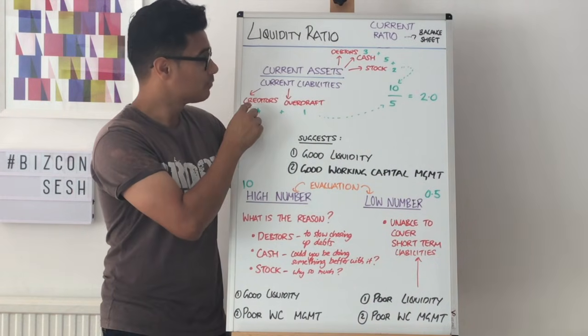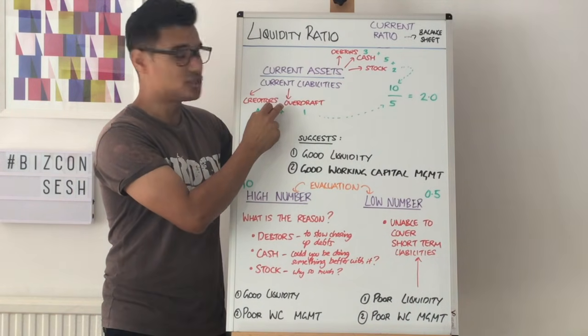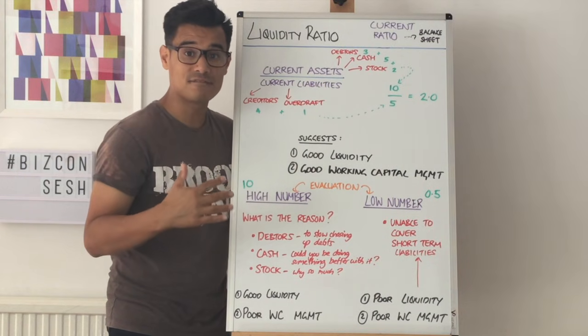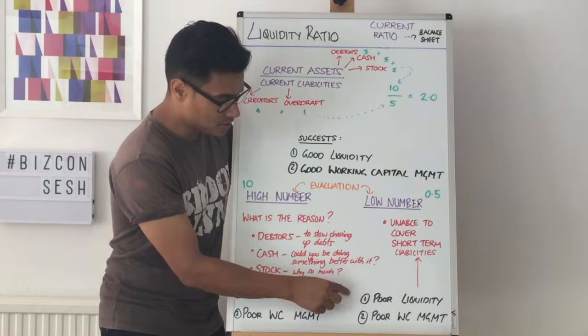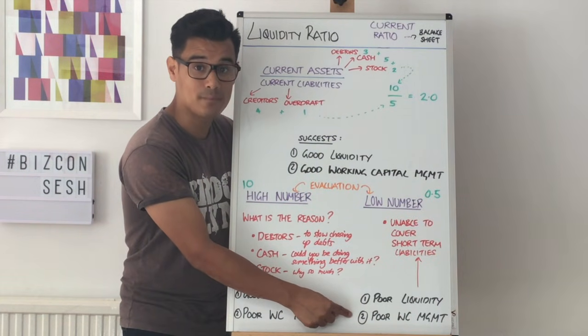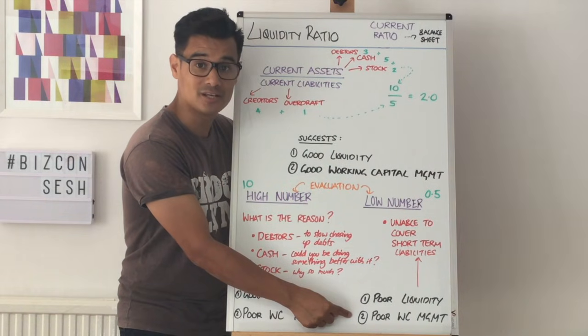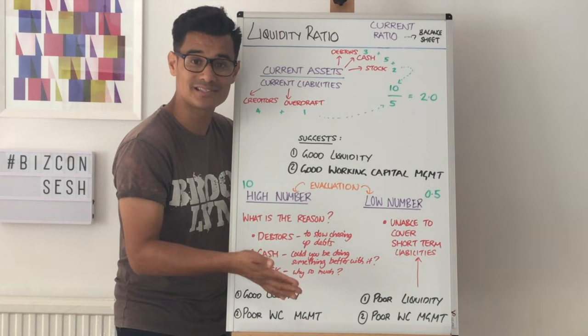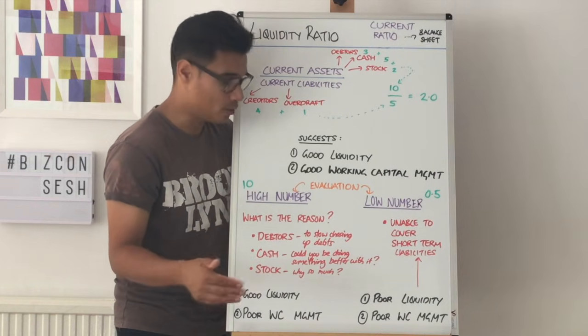You can't cover your creditors, people you owe your money to in the short term, and you can't cover your overdrafts. That indicates massive cash flow issues. So that would indicate that you have poor liquidity and poor working capital management, because you're just not managing your current assets and your current liabilities well in the short term.